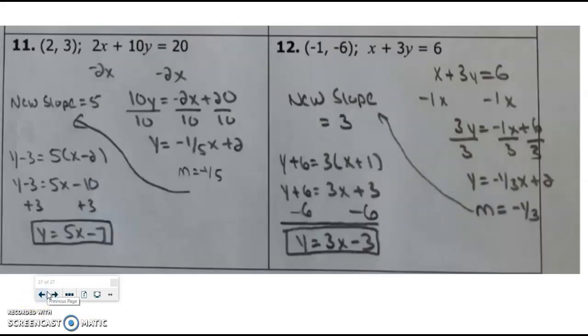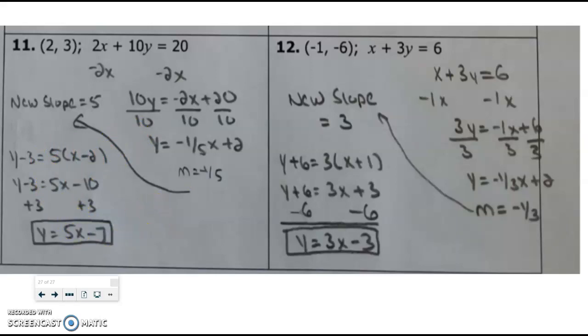Now looking at these last two, we had to solve for y for both of them. When I solved for y for the first one, I ended up getting negative 1/5 x plus 2. So that meant the slope was negative 1/5. If I flip that, since it's perpendicular, it's going to turn out to be positive 5. And when I solved, I got y equals 5x minus 7.